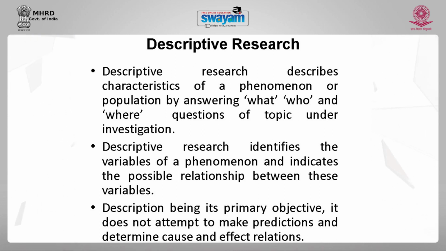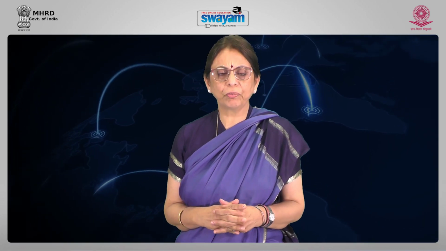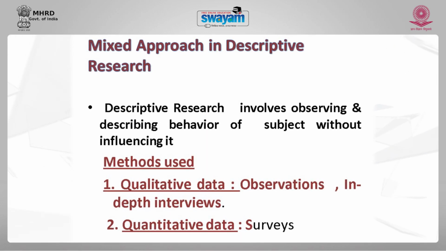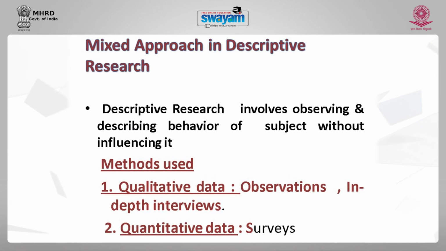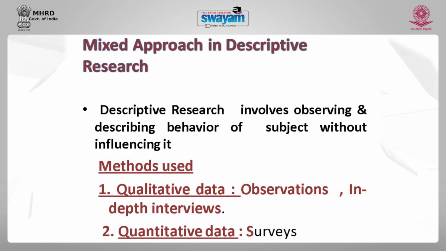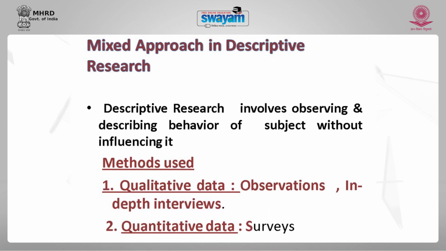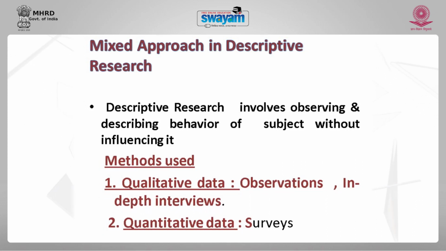Description being its primary objective, it does not attempt to make predictions and determine cause and effect relations. It uses both types of methodology, qualitative as well as quantitative, and in fact it can also look at both in terms of a mixed method approach, more in terms of describing different parts of a phenomenon.